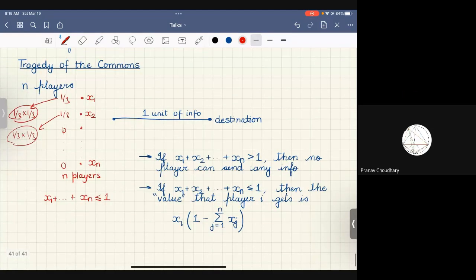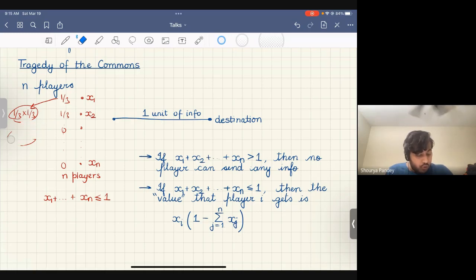Oh wait, is this 1 by 9 the net amount of information which can be transferred? No. 1/3 times 1/3 is sort of the happiness of player i, if that makes sense. Ah, okay, got it.